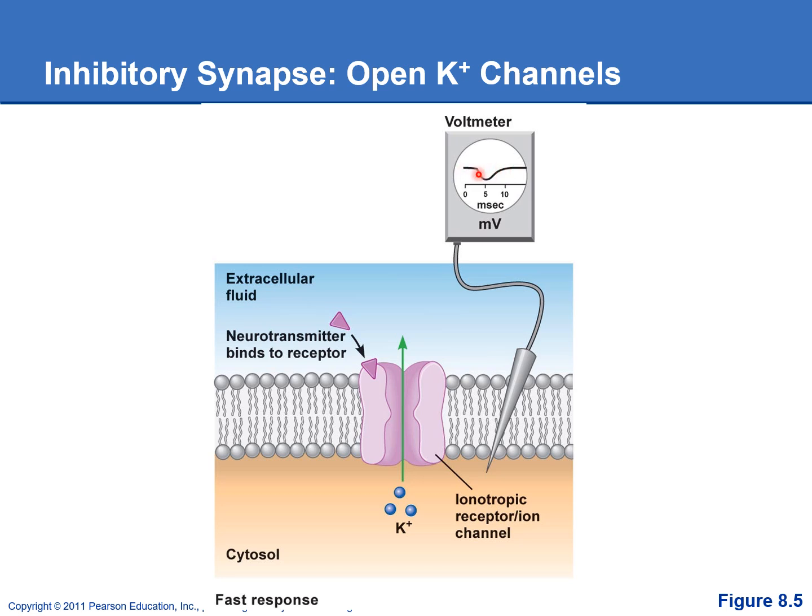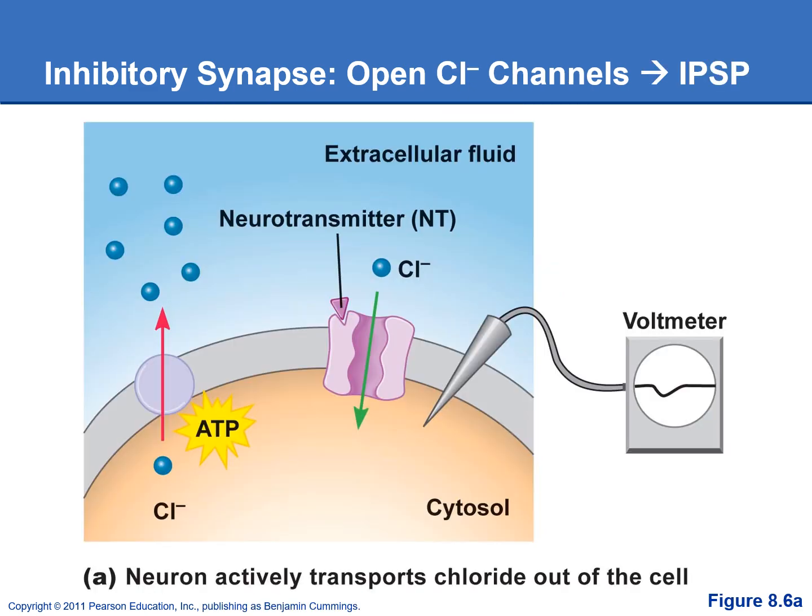Okay, so this would be a hyperpolarizing graded potential. And then here we've got our neurotransmitter binding to this ligand-gated ion channel. We open the gate and chloride ions come in, and that will make it more negative inside the cell. And we've got this hyperpolarizing graded potential, or IPSP, that we create.